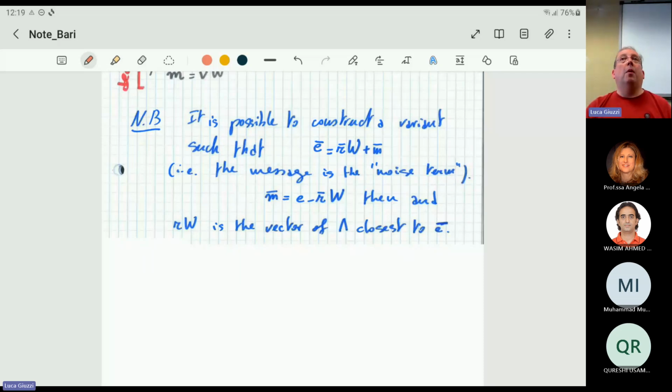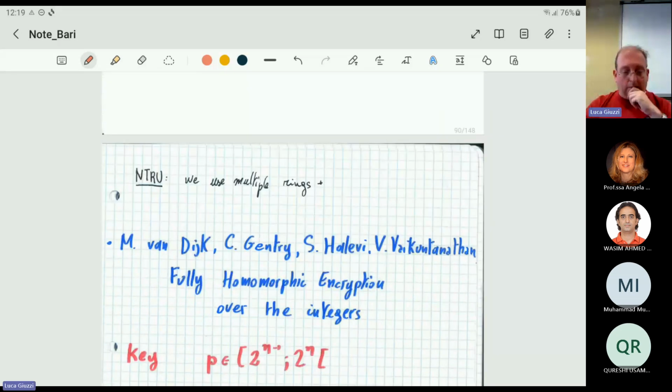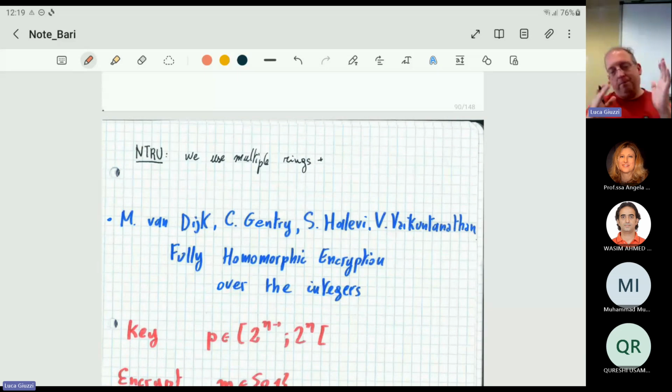What interests Bob is to recover both of them, and then use the one which is actually used to negotiate the key. But if you know m, you know r, and vice versa. So that is an algorithm which is directly based upon lattices.